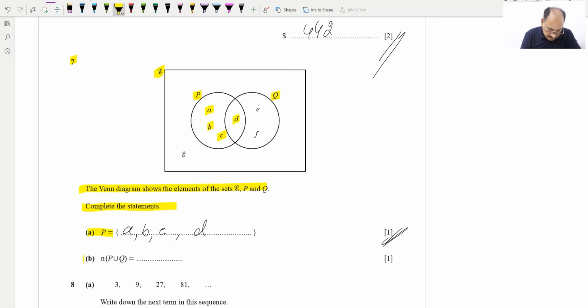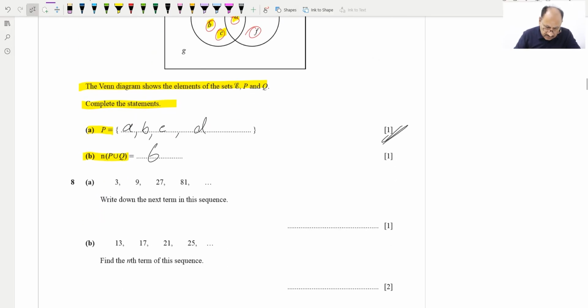Next we need to write n of P union Q. Counting the members of P union Q, 1, 2, 3, 4, 5, 6. So the answer will be 6. This was also a 1 mark question.